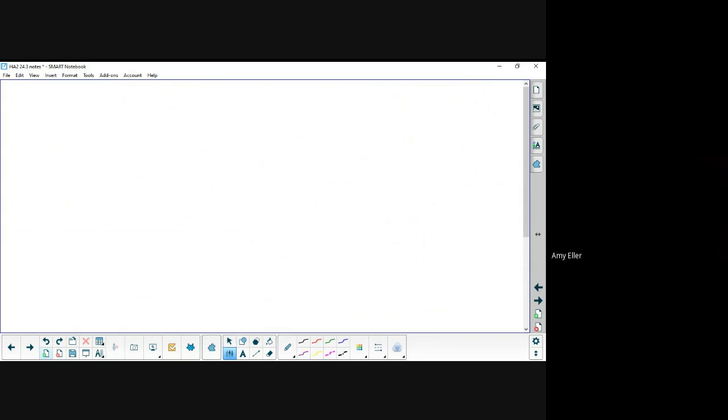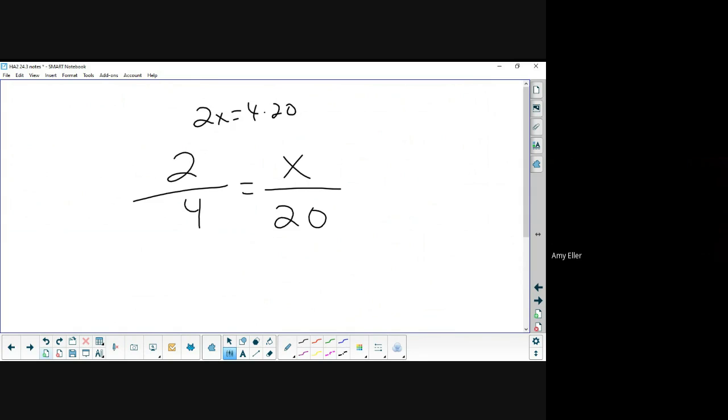If I have 2/4 equals x over 20. If I multiply across, I'd have 2x equals 4 times 20. That's not going to work, but if I multiply across, I get 4x equals 2 times 20 is 40. That's what you're doing. 20 times 2 divided by 4. It's the same thing.